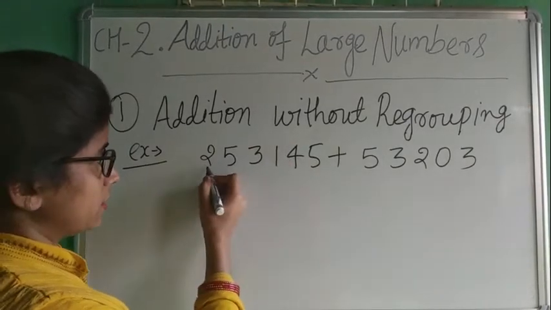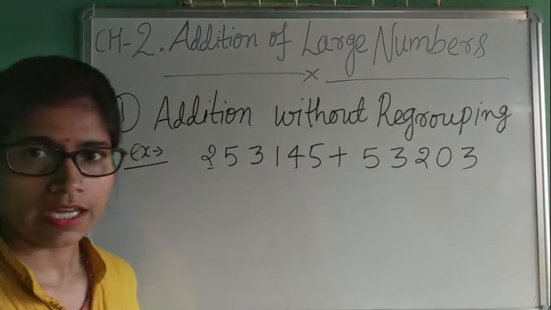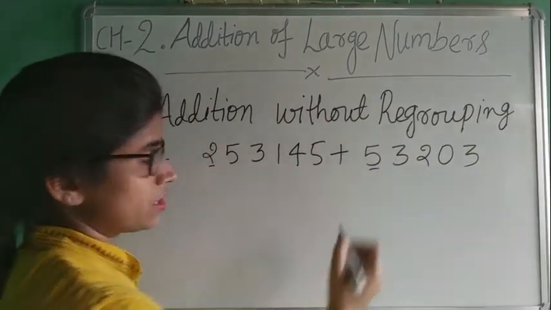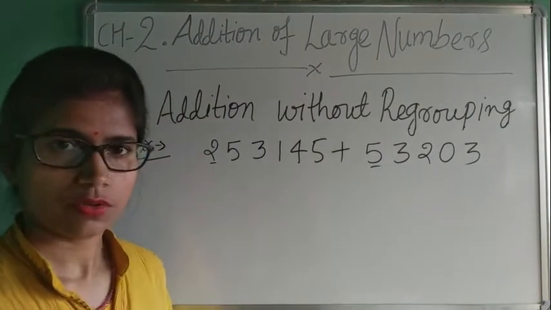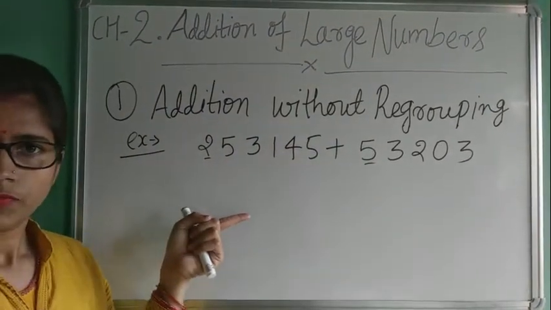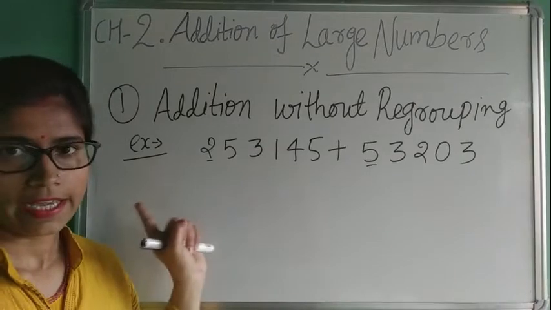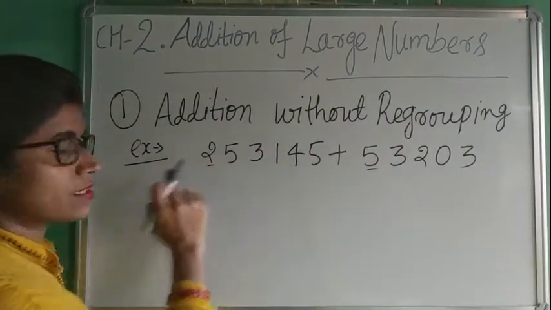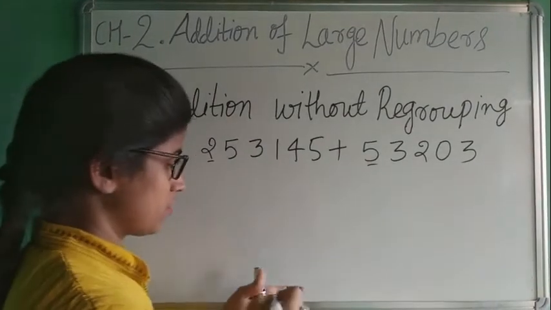So in this number, the highest place is lakh. So you have to arrange the place values till lakh, because in these two numbers you have the highest place lakh. So arrange.